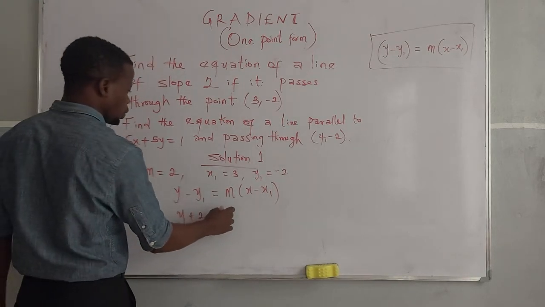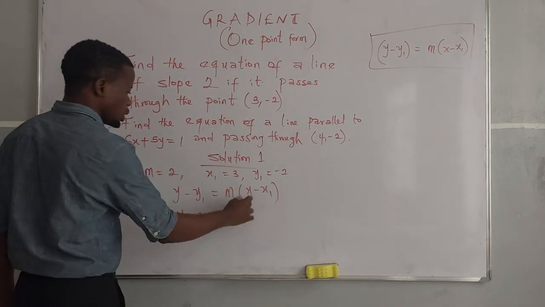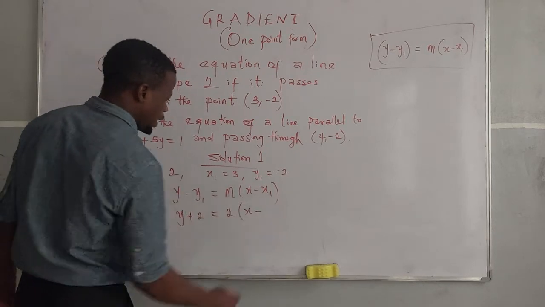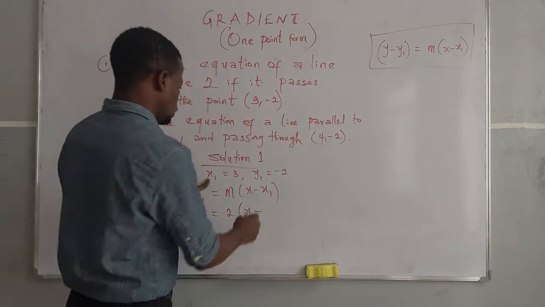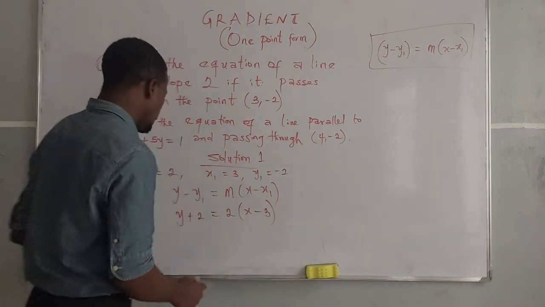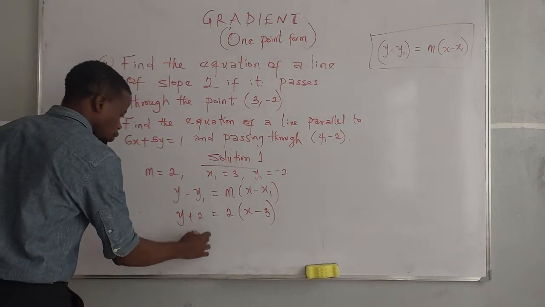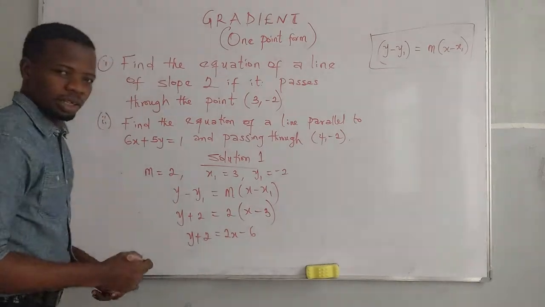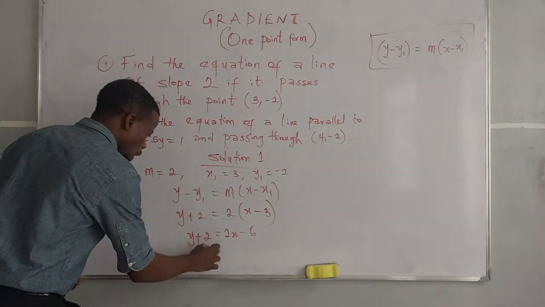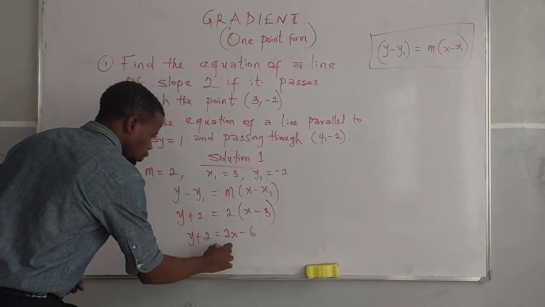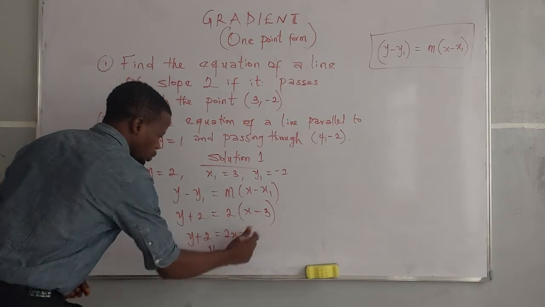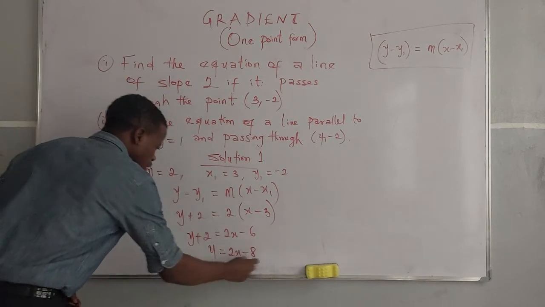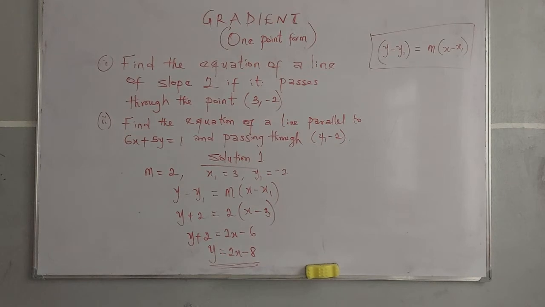Then that is equal to the gradient, 2, open bracket x minus x1, which is 3. So y plus 2 is equal to 2x minus 6. So y is equal to 2x minus 8. This is the equation of our line.